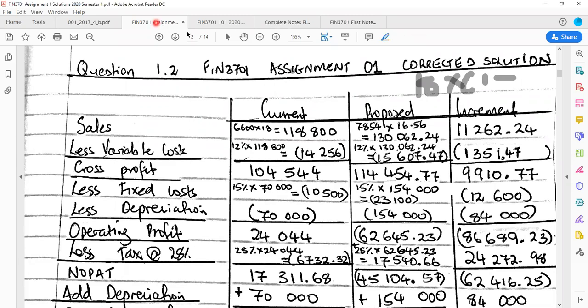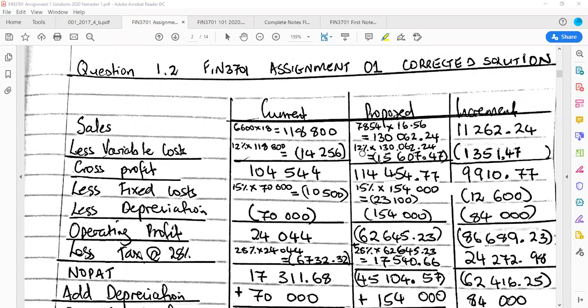So we say 1 minus 8%, 0.08. And then if we do this calculation, it will give us 16.56.